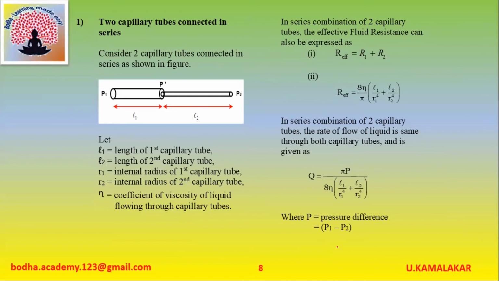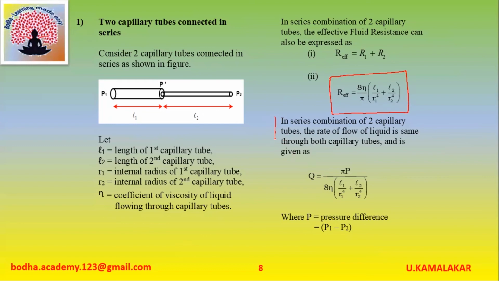In series combination of two capillary tubes, effective fluid resistance is given as R effective is equal to R1 plus R2. This equation can also be expressed as R effective is equal to 8 eta by pi whole thing into L1 by R1 to the power of 4 plus L2 by R2 to the power of 4.